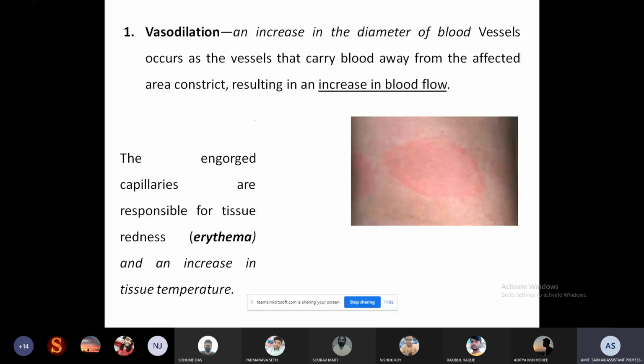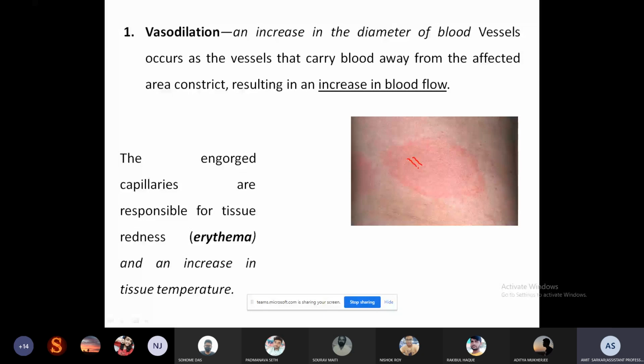So in this particular area, the diameter of the blood vessels, mostly the veins here, becomes increased. Due to the infection, this area becomes very constricted, and blood cannot pass through this area very well.